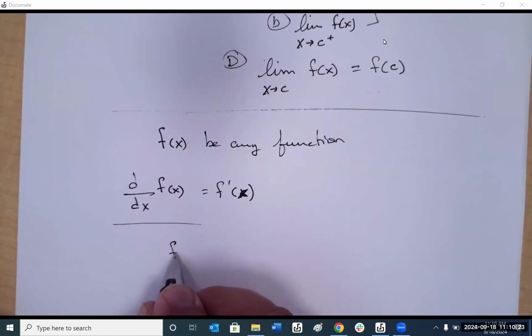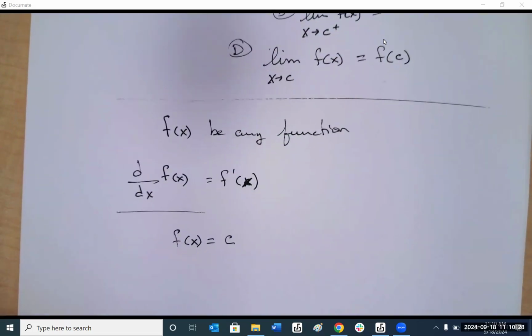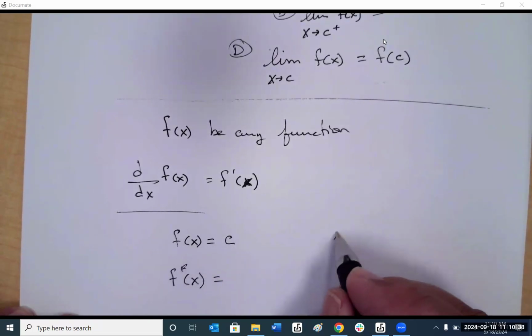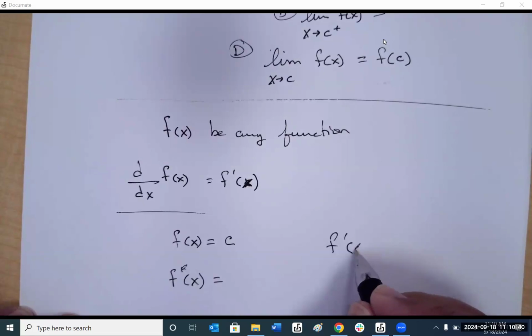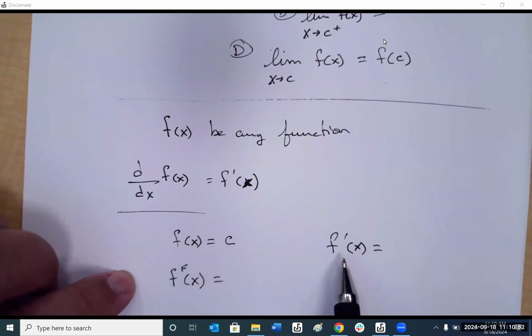So the first one, if f of x equals c, some constant number, what is the first derivative? Think about it. The derivative shows us what? The slope.